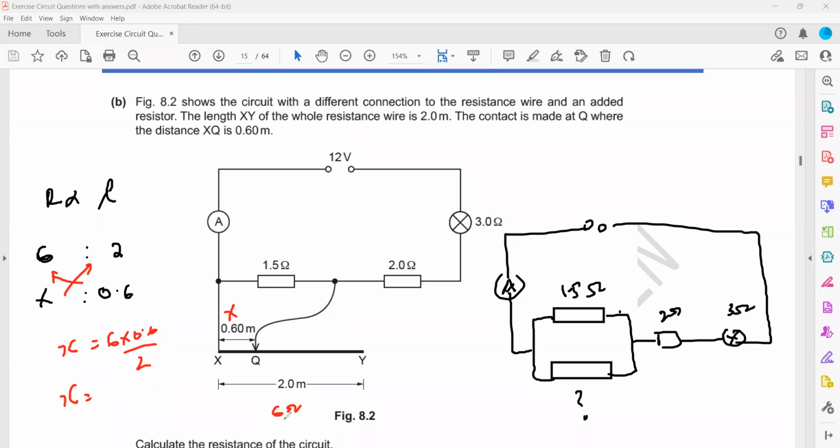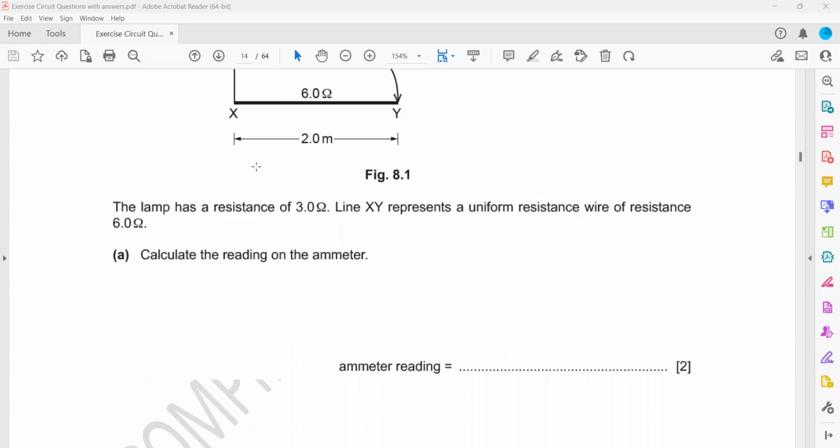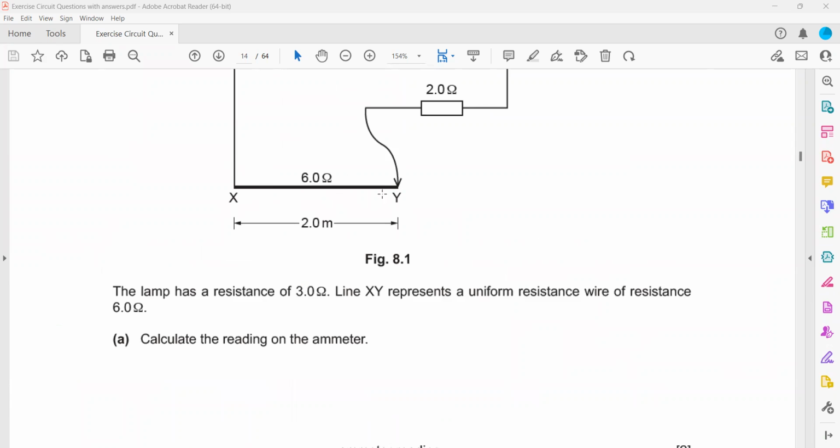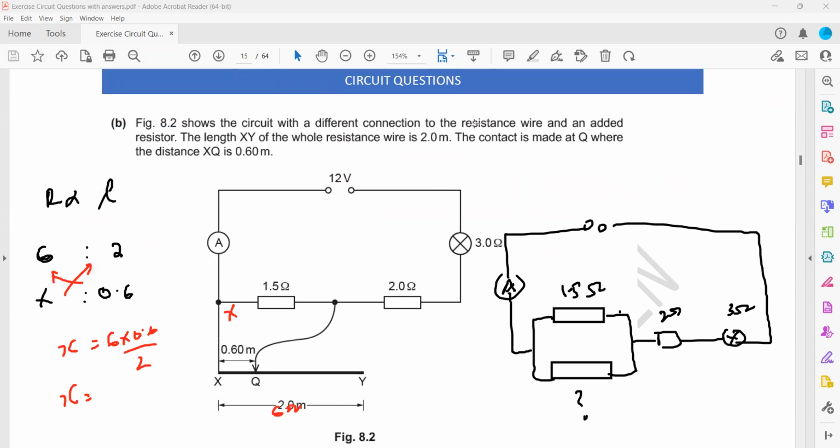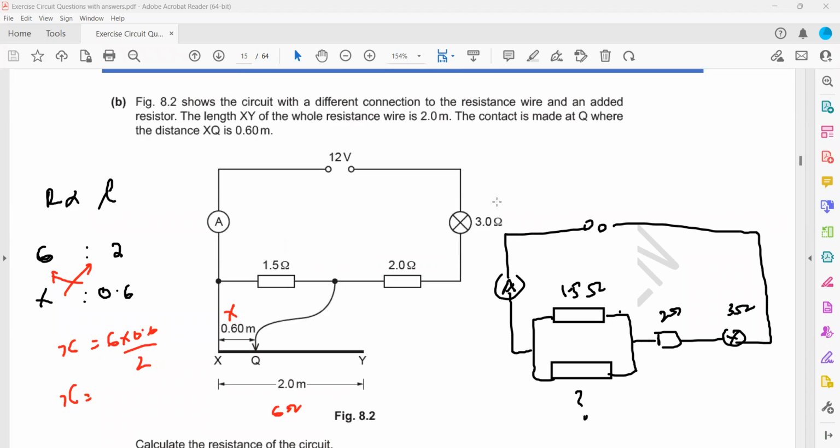How do we get this 6 ohms? Because that is already mentioned in the first part. They mentioned the resistance of this wire. In the first part, they mentioned resistance from X to Y is 6 ohms when we were using the full 2 meter wire. But now we are not using the 2 meter wire. We are only using 0.6 of it. So what will be the resistance of this part?